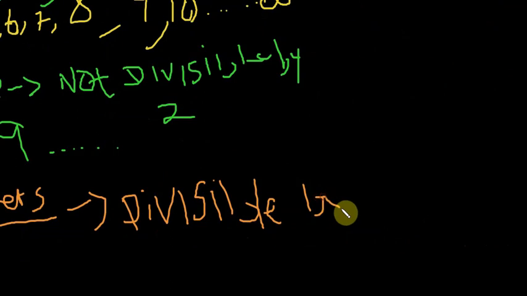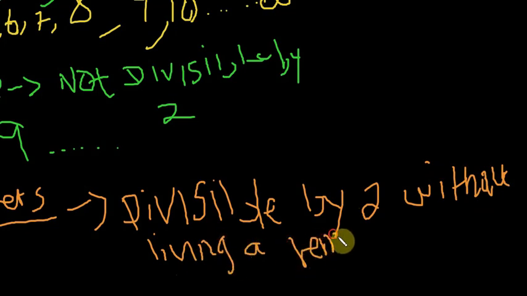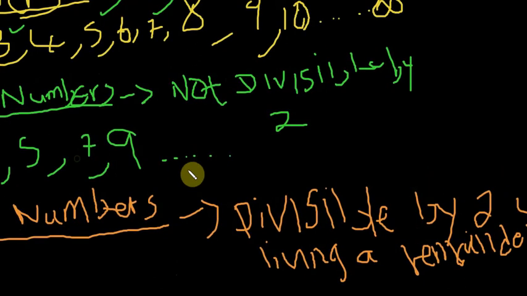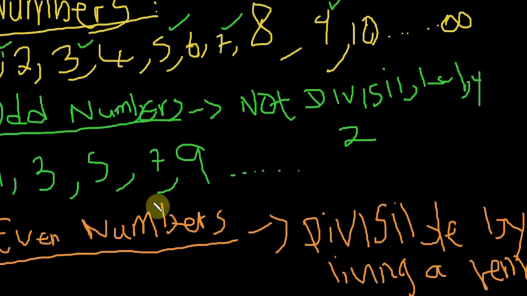You can divide even numbers by 2 without leaving a remainder. While in the case of odd numbers, you can divide 9 by 2, but you get 4.5. That already tells you that there's a remainder somewhere.